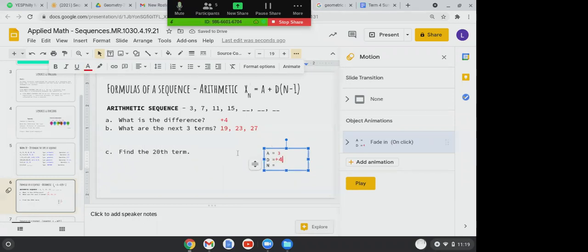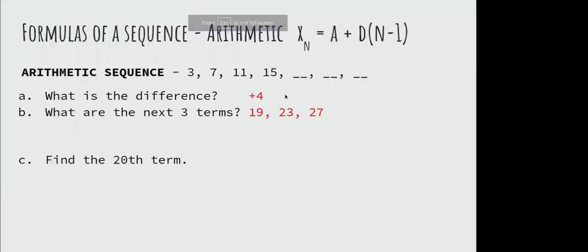And the N would be the term that we're looking for, so N would be 20. Our A value is 3, our D value is +4, and our N value is 20.